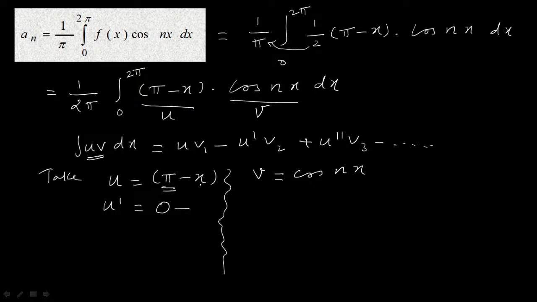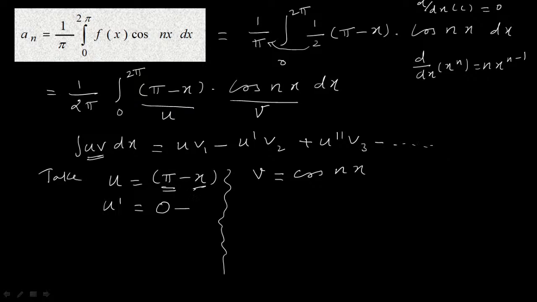Minus x. If you are differentiating x, what is the formula? d by dx of x power n is equal to n x power n minus 1. And d by dx of a constant is 0 always. That's why our first term becomes 0.